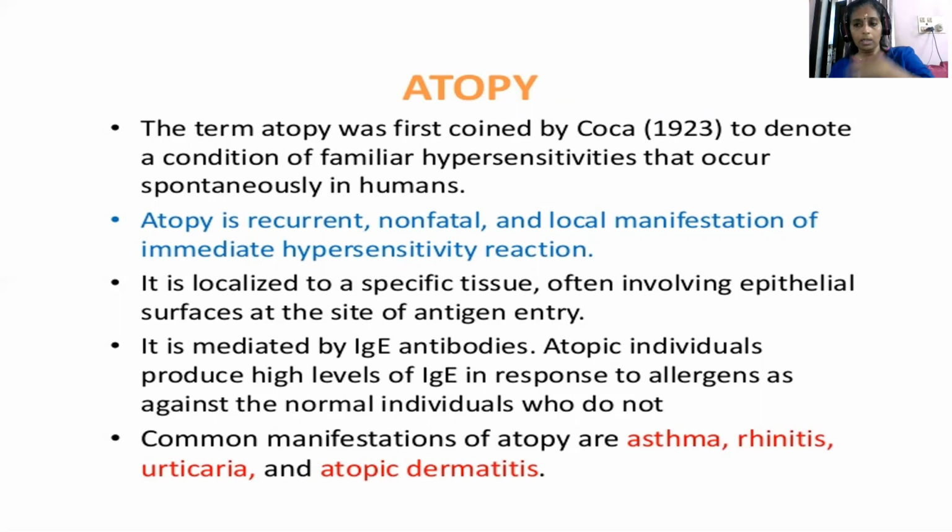Otherwise it won't affect the entire system, it won't cause systemic reactions. So it is a recurrent reaction, and it is not fatal, and it's a local manifestation of an immediate hypersensitivity reaction. So this locally manifested reaction is atopy.